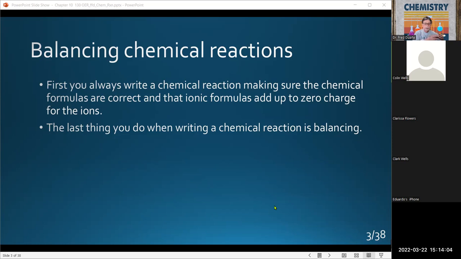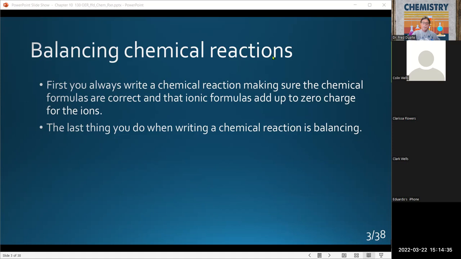When we're dealing with ionic compounds, what we do first is write those compounds or elements in ionic form. We do that because we want to make sure that we put them together in the correct ratio. Then we add enough cations and anions such that the overall charge of everybody is 0.